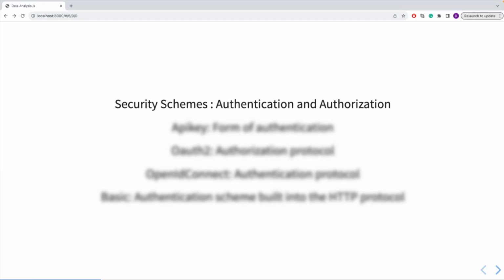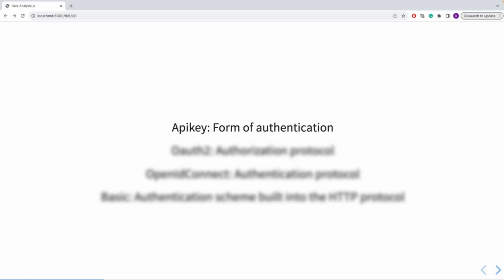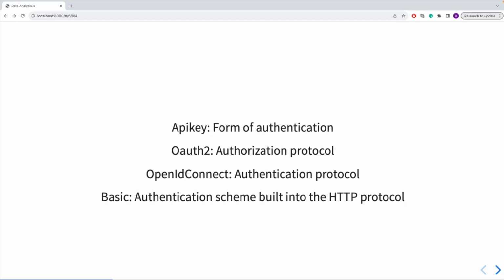We are going to see several authentication and authorization protocols applied in the APIs in our database. For example, the API key, which is a form of authentication. Also OAuth2, which is an authorization protocol. Also, we can find OpenID Connect, which is an authentication protocol. And basic, which is an authentication schema built into the HTTP protocol.